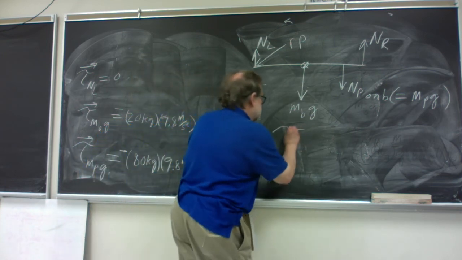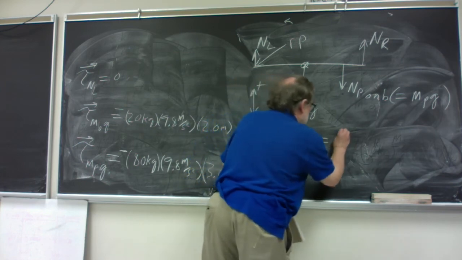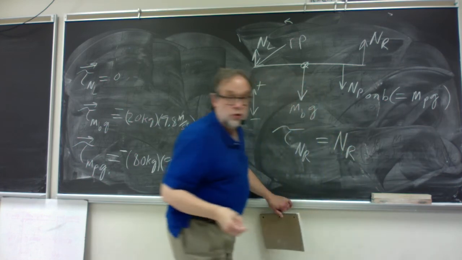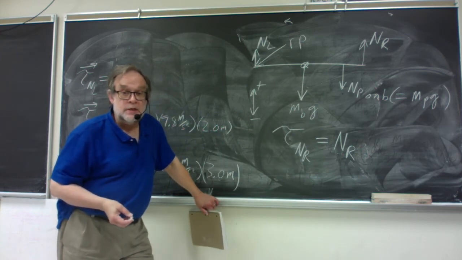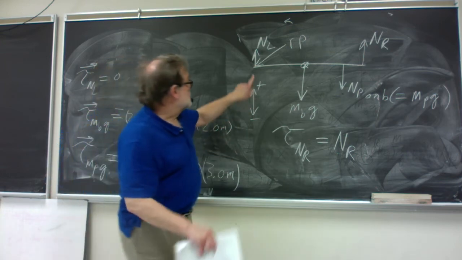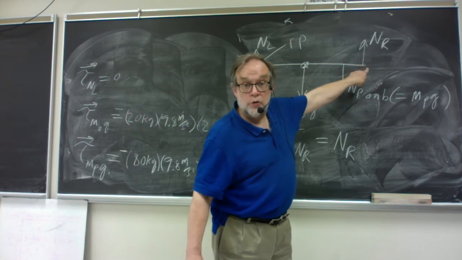The torque due to that force is just equal to the magnitude of that force, whatever it is. We don't know, so we'll just give it a variable name, times the magnitude of the displacement vector. Displacement vector takes us from the reference point to where the force is acting.